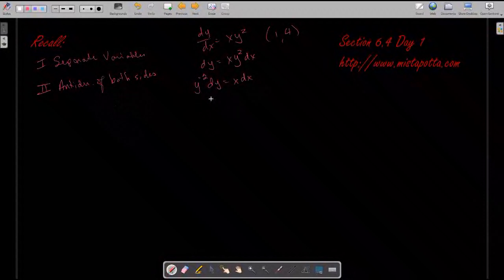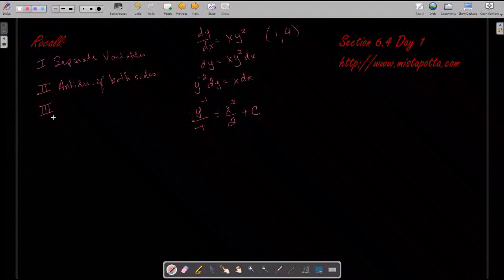I'm going to use the power rule and get y to the negative 1 over negative 1. The antiderivative of this would be x squared over 2. And I want to add the constant on the independent variable side.